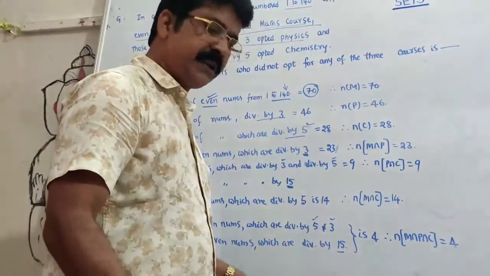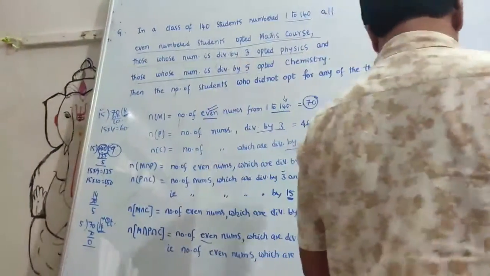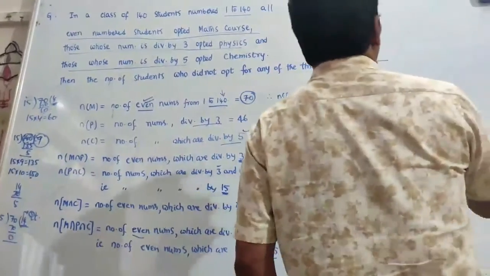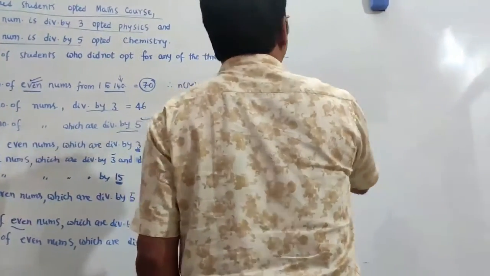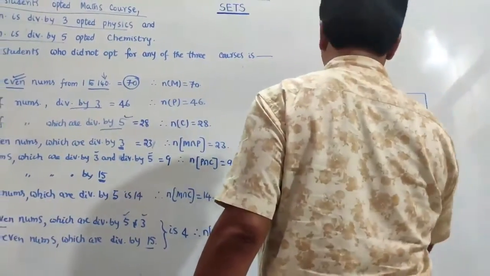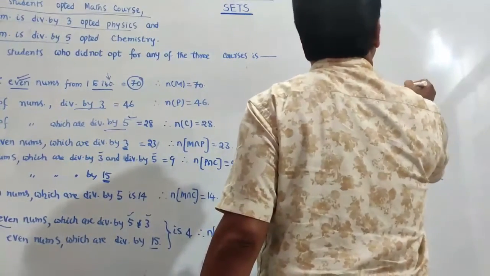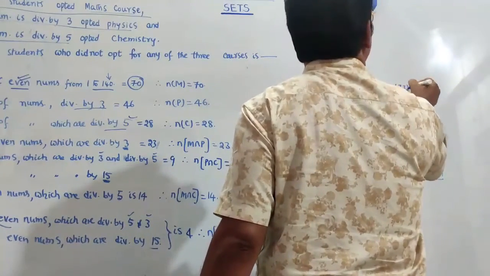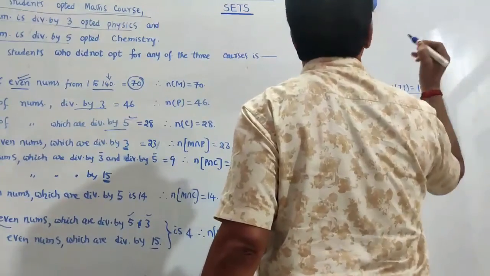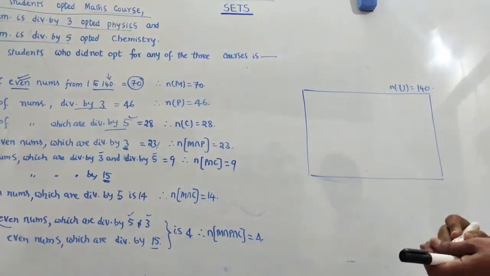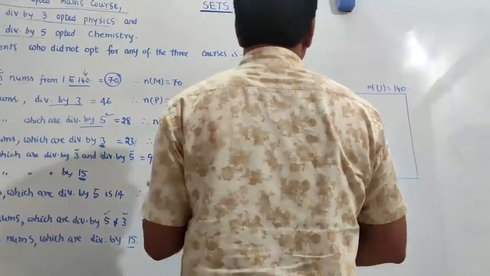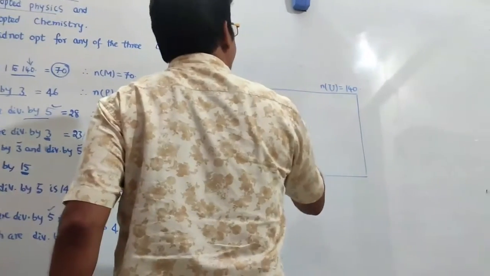Like that. Now we shall take the Venn diagram. So n of mu is equal to the total, 140 students. Next, maths, physics, chemistry.